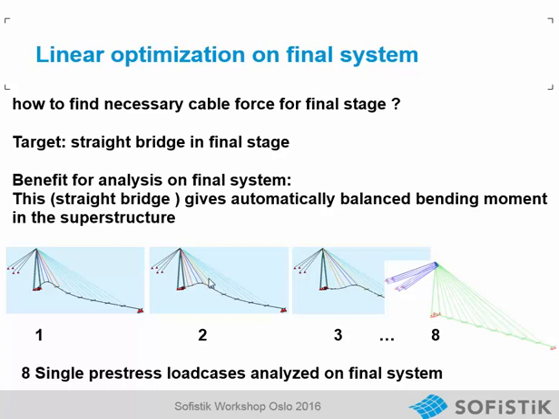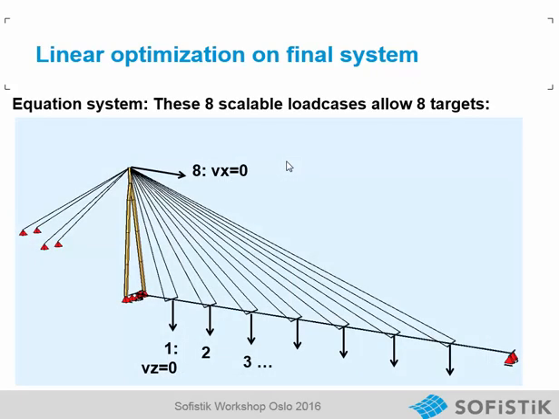These load cases are all calculated on the final system. Of course, this is only possible in a linear run, because here the brown cables get compression in this analysis, but this is not a problem now. We have 8 scalable load cases, pre-stress load cases. So we can wish 8 targets.